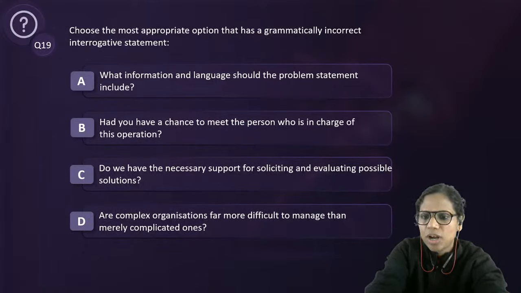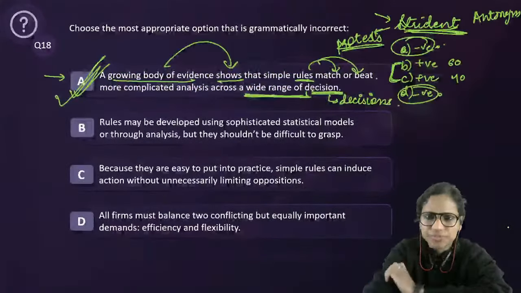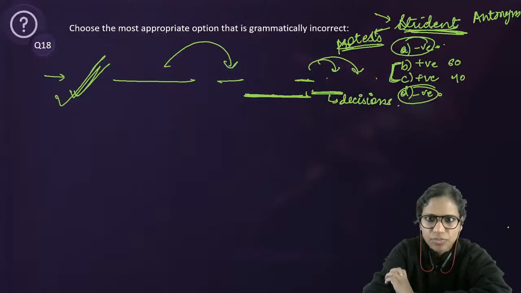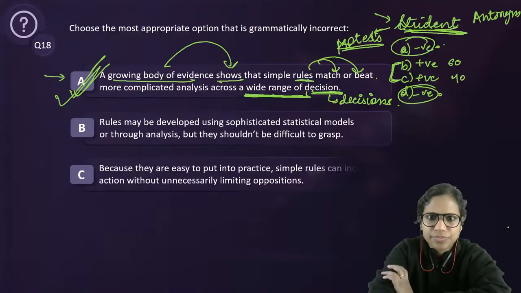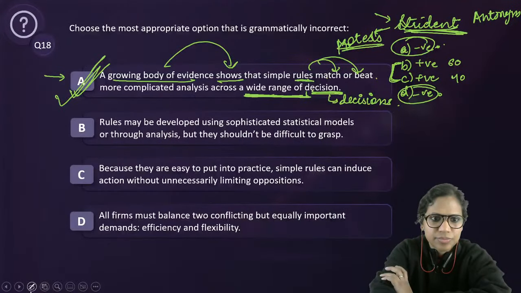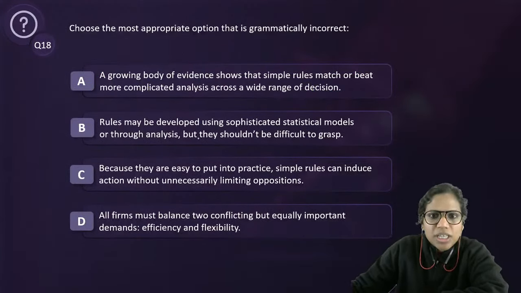Shouldn't there be a comma after but in option B? Manasa is asking this. Let's just go back to the previous question. Sorry. Okay, you are saying that I should put a comma here.